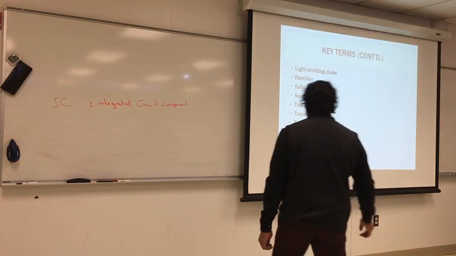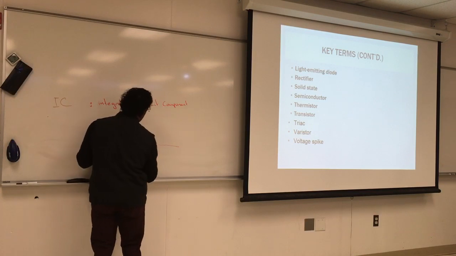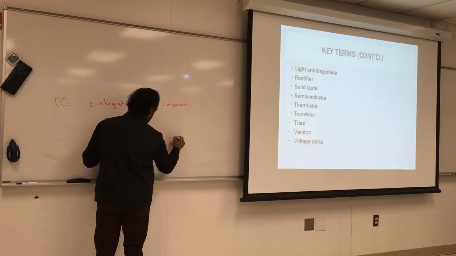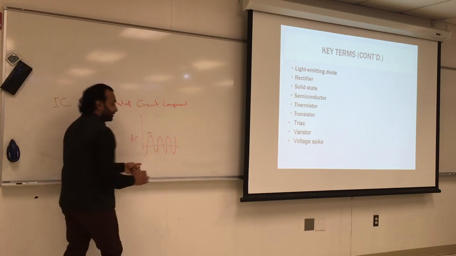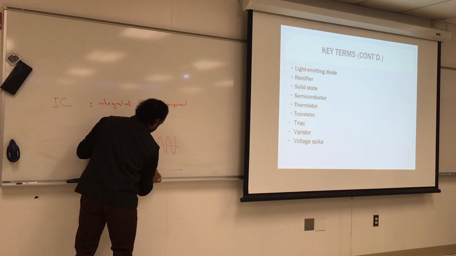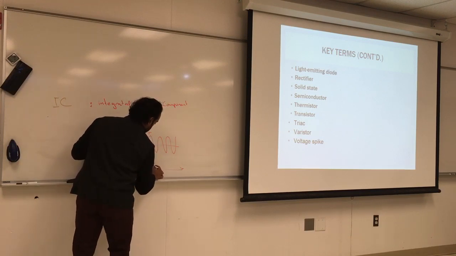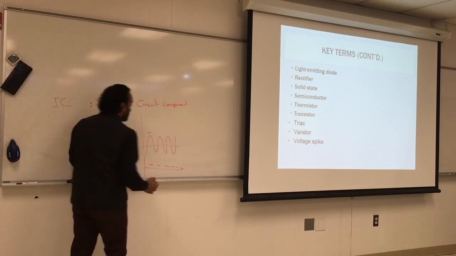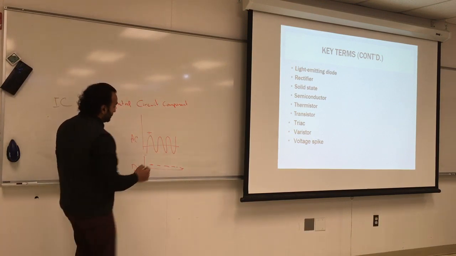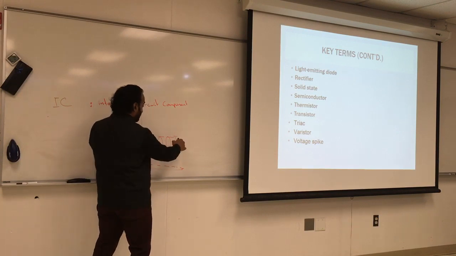Because if you think about it, if this is AC, it goes from plus to minus, up and down. And if we have our DC line here, which is constant, a rectifier with a diode will shave off this top only, and this will not go away.